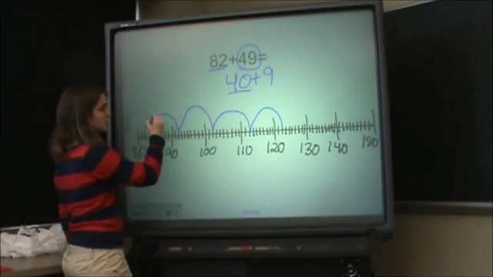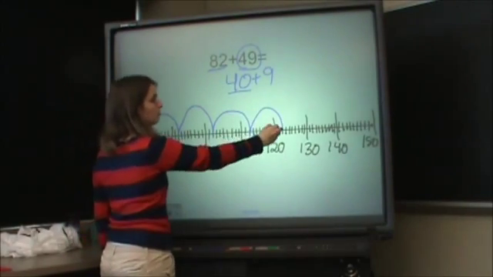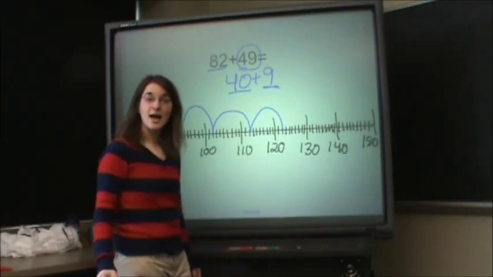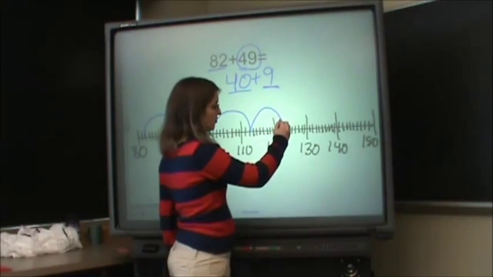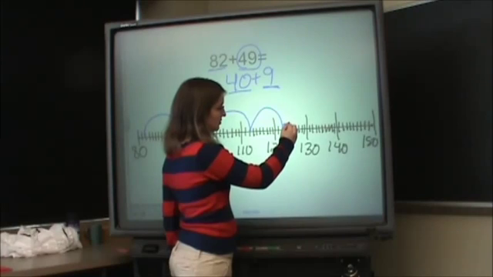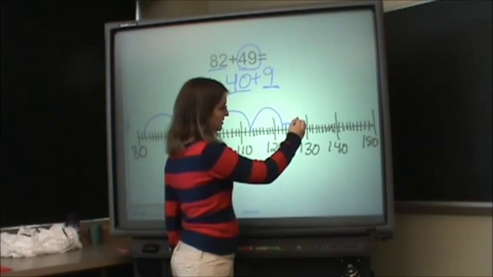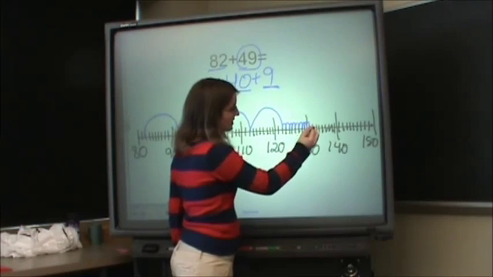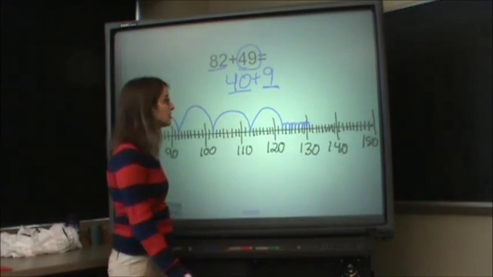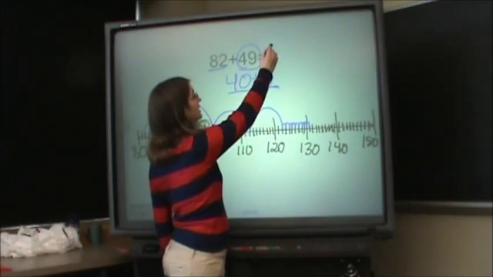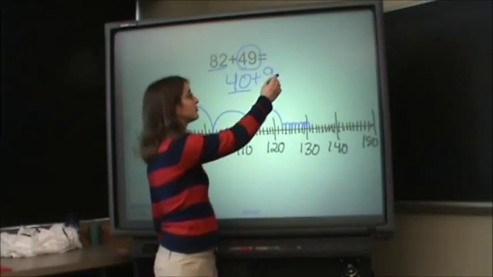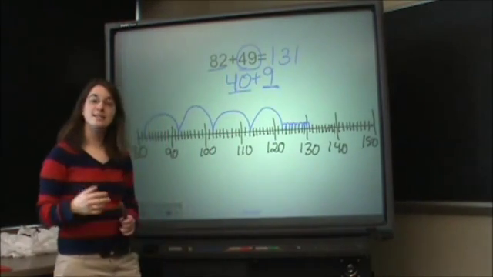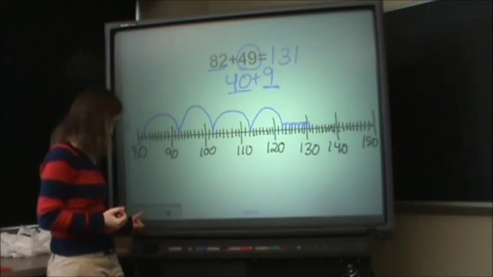And I just hopped forward 1, 2, 3, 4 tens, or 40. Now I still need to hop forward 9 ones. 1, 2, 3, 4, 5, 6, 7, 8, 9. And that lands me at 131. So I know that 82 plus 49 equals 131. And I did that using the number line.